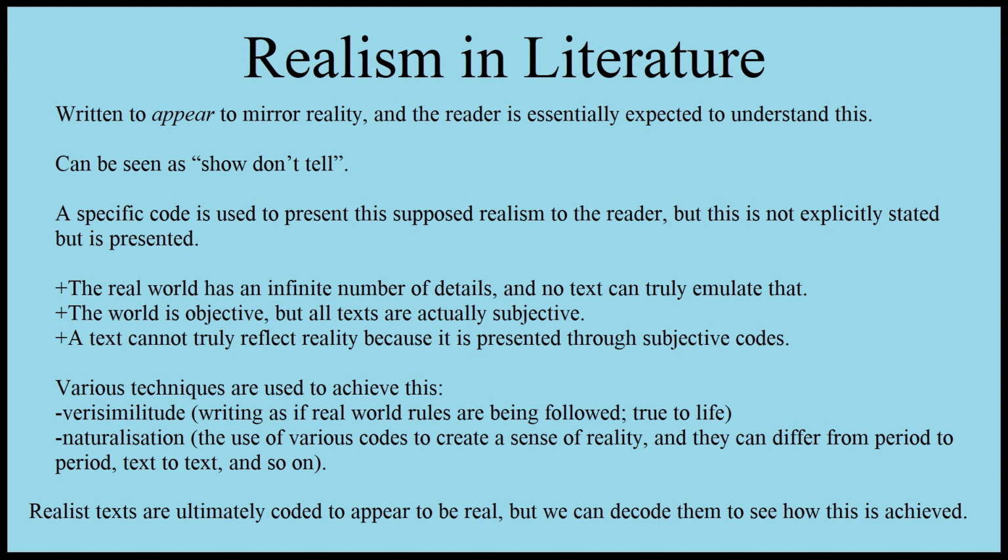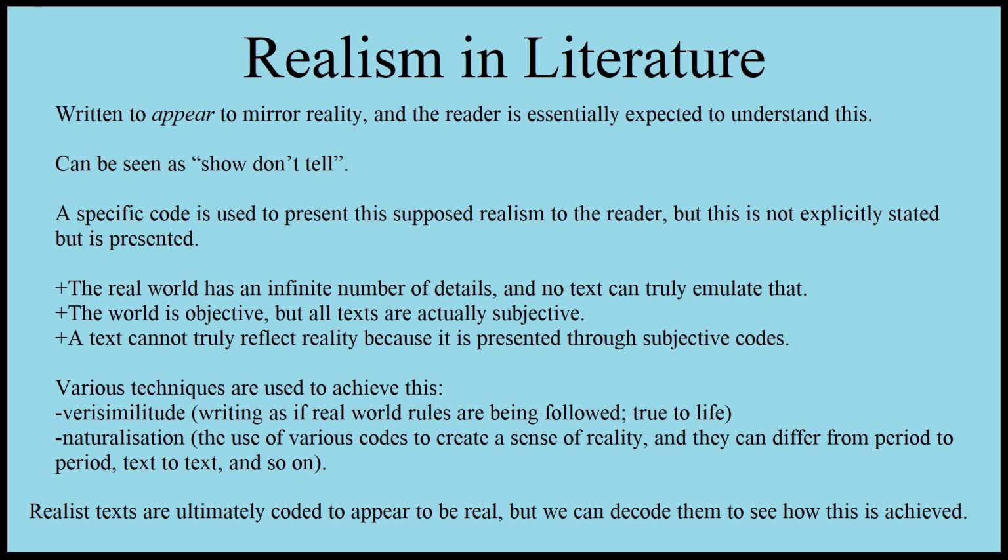And then naturalization is using the many different codes to create a sense of reality that can change between period and period and text and text. So that is, in a nutshell, realism in texts and how it can be used and adopted. So cool.